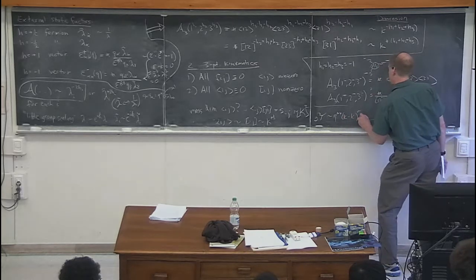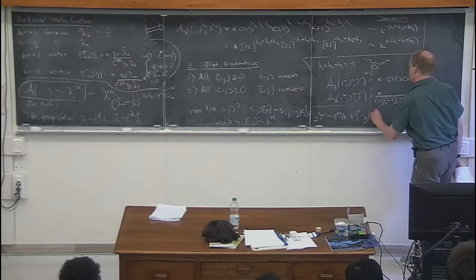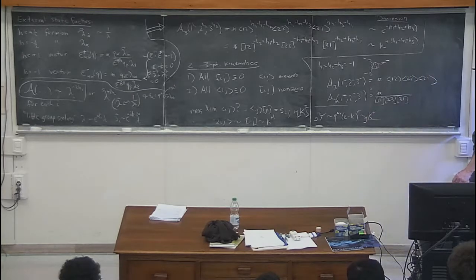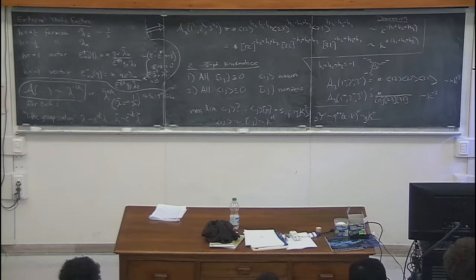Anyway, all I want you to know is that when you have a dimensionless coupling, like a g, this goes like k to the plus 1. And that's the three-point amplitude. So if we want Yang-Mills theory, we're looking for something that scales like k to the plus 1. And this scales like k to the plus 3. And this scales like k to the minus 3. So this can't be Yang-Mills theory.